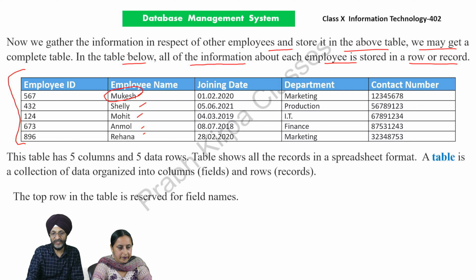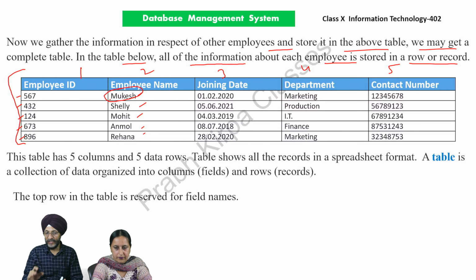This table consists of 5 columns: 1, 2, 3, 4, 5. In the same way, there are 5 rows where the data has been entered. This is the table where there are rows and columns.